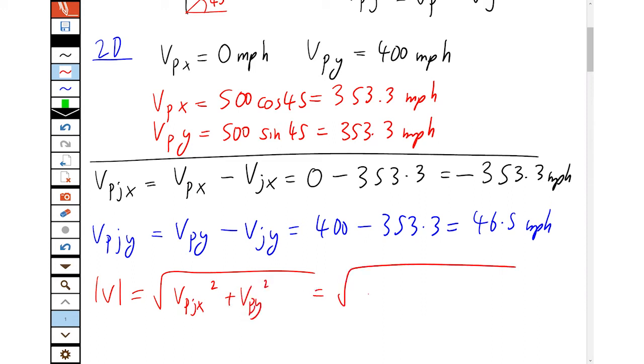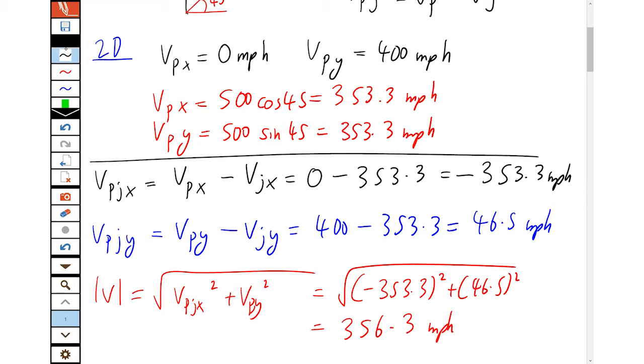So we have the square root of minus 353.3 squared plus 46.5 squared, which gives us 356.3 miles per hour.